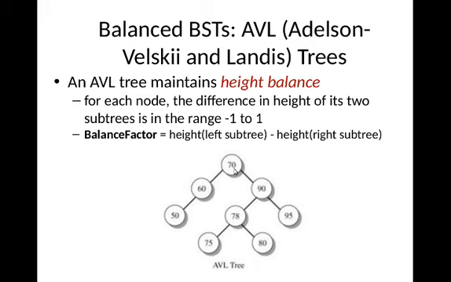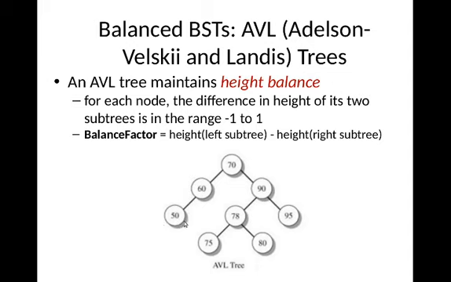Let's now talk about the balance factor. Balance factor of 50 is the difference between the height of its left child and the height of its right child. As 50 is a leaf node, both its left and right children are none and their height is -1. So the difference between their heights is 0.